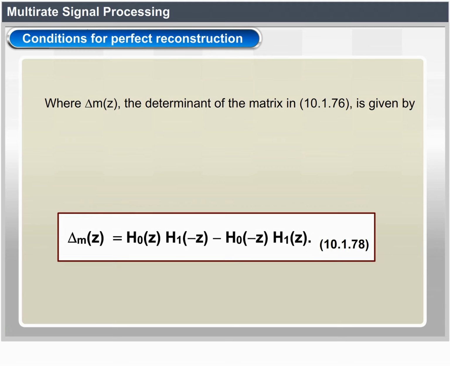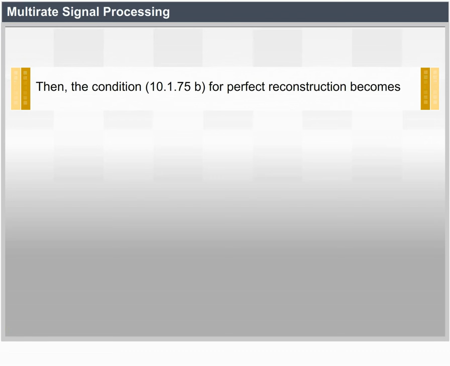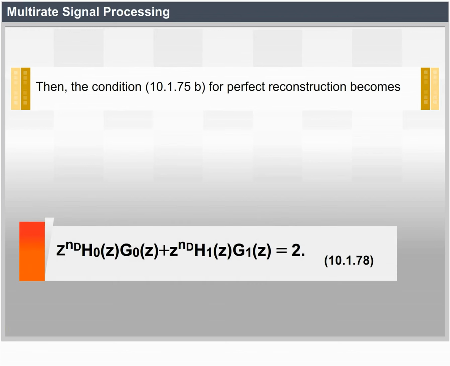We note that choosing the synthesis filters according to 10.1.77 ensures cancellation of aliasing error for any choice of analysis filters. Then the condition 10.1.75b for perfect reconstruction becomes z^nd H0(z) G0(z) + z^nd H1(z) G1(z) = 2, called equation 10.1.78.